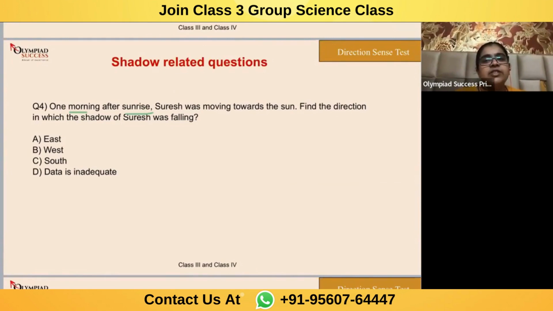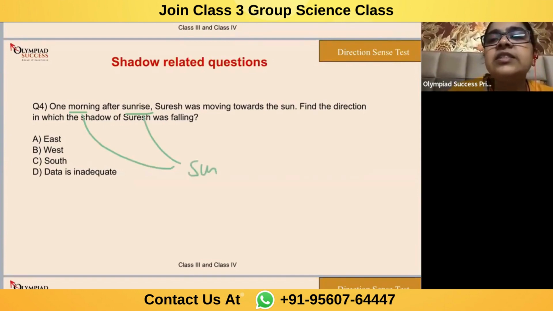Viona, check again. It's the morning time, Viona. Morning means sun is in the east. The shadow always falls in the opposite direction. Meera, correct. Krishant, wrong. Leelakant, that's right. Swarnim, correct. There are two keywords here, morning and sunrise. No, Aditya, morning and sunrise in itself means the sun is in the east.